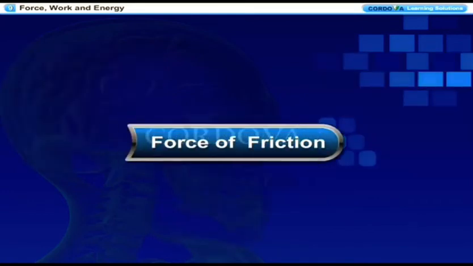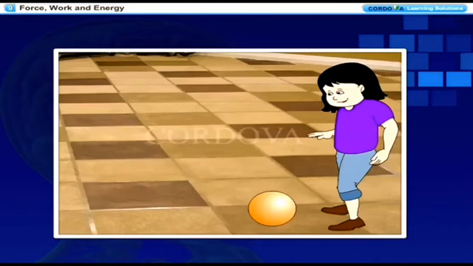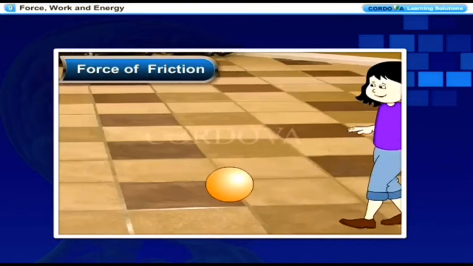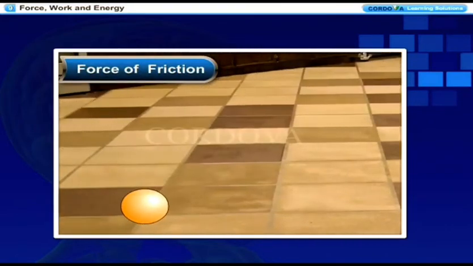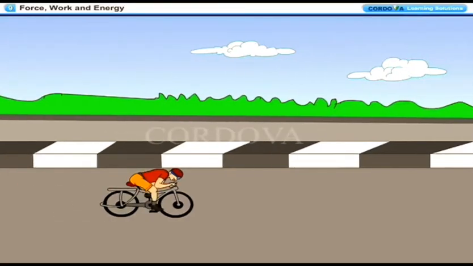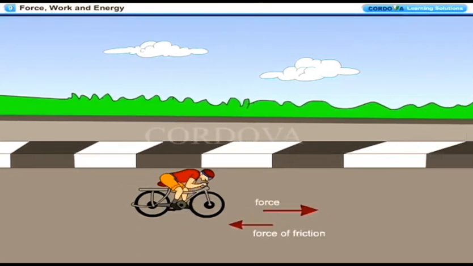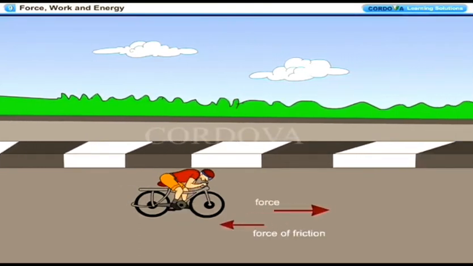Force of friction. When you roll a ball over a floor, it gradually slows down and finally stops. In the same way, when you stop pedaling your cycle, it gradually slows down and stops. Why do they stop? This happens because a force acts between the ball and the floor that slows down the ball.